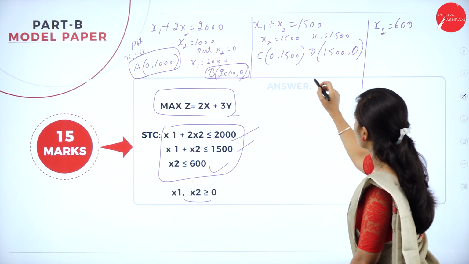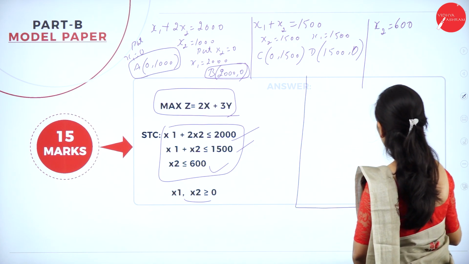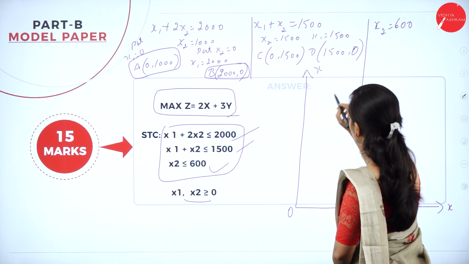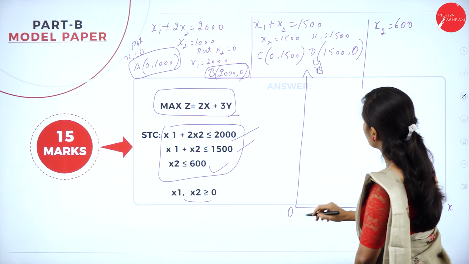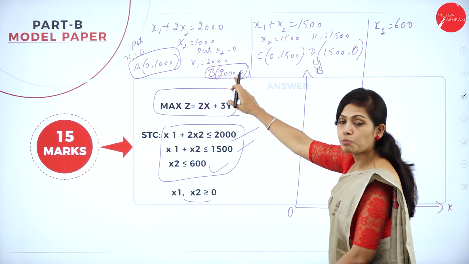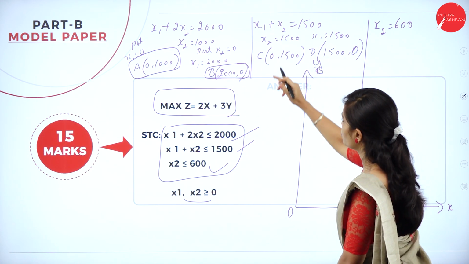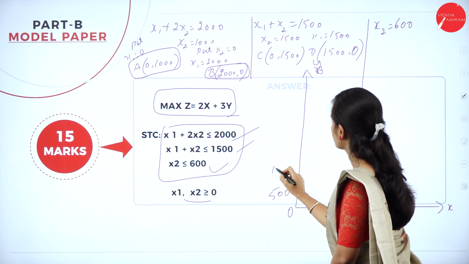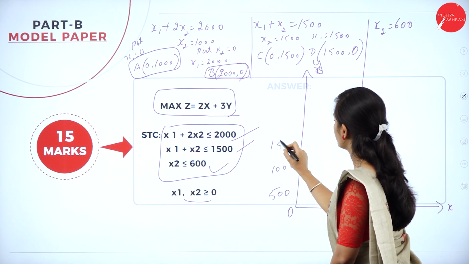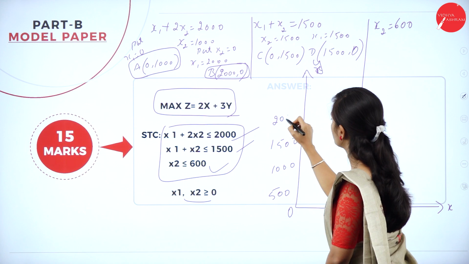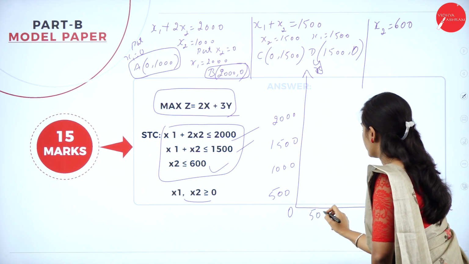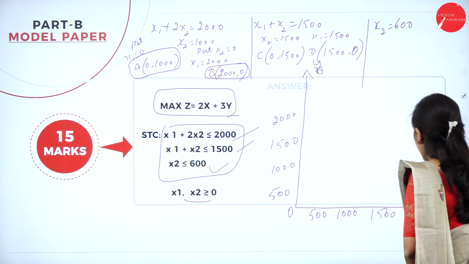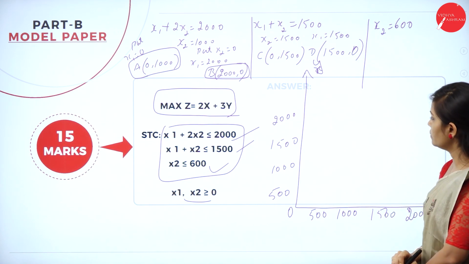We have to draw a graph now. This is the x-axis and this is the origin 0. This is the y-axis. Now, among these points, we have the highest value, 2000. So, I will mark 500, 1000, 1500, 2000 on both axes. Is it clear?